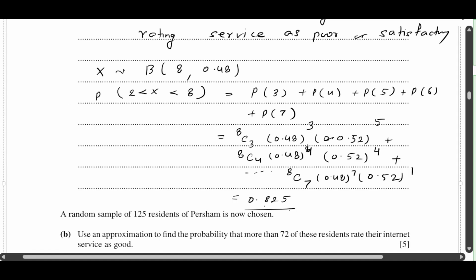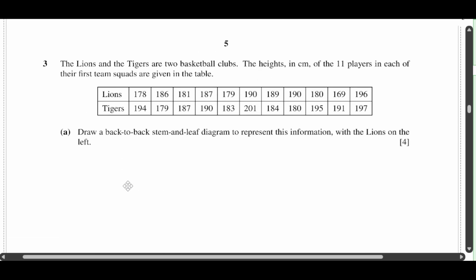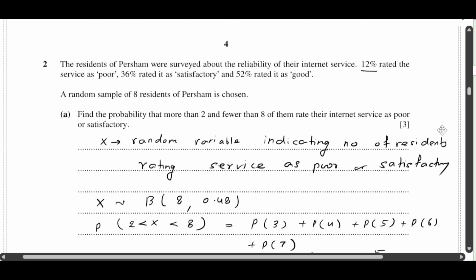So this is the probability that between 2 to 8 people will say that the service is poor or satisfactory.